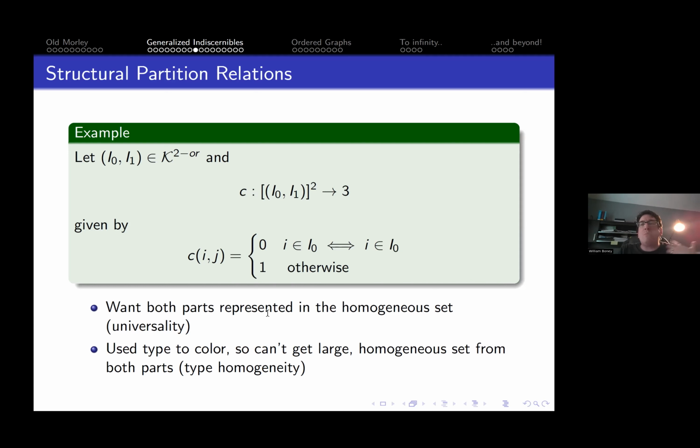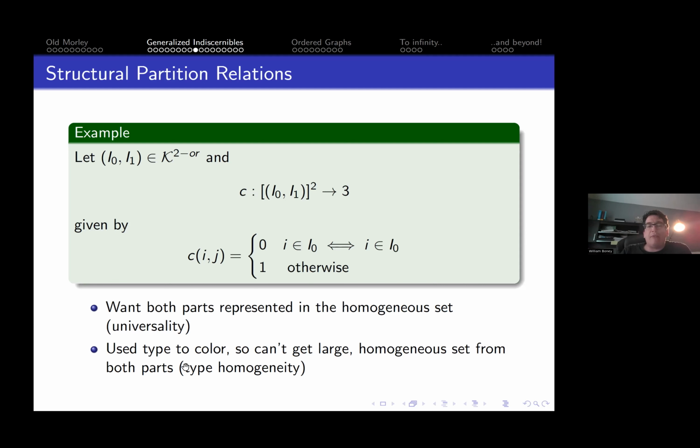But when you add more structure, there's more information about how those elements in the index models are related. So you need to include that in your coloring. Because what we're essentially doing here is using the type of the pair to color them, we can't expect 2 elements of different types to have the same color.